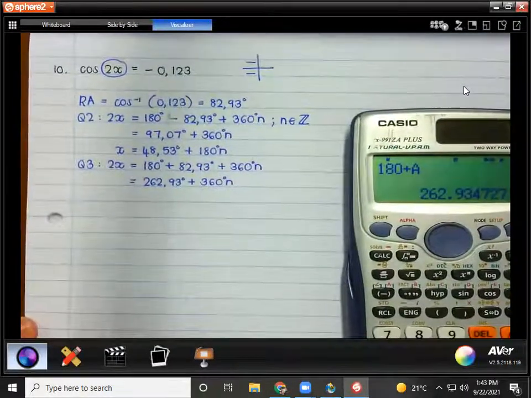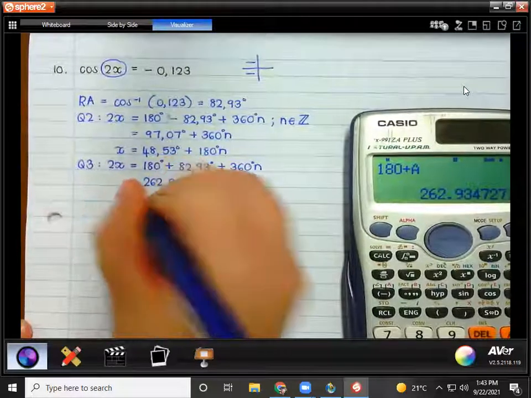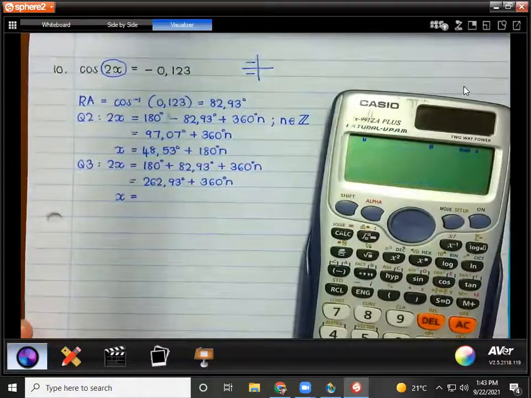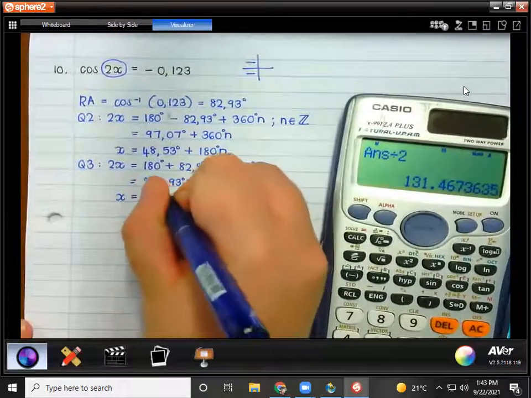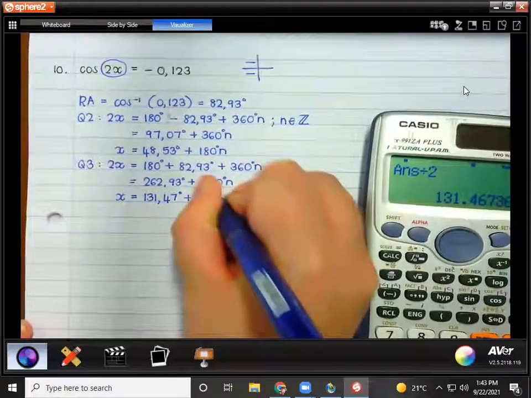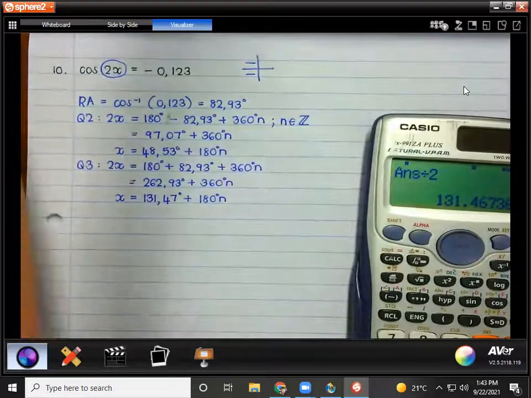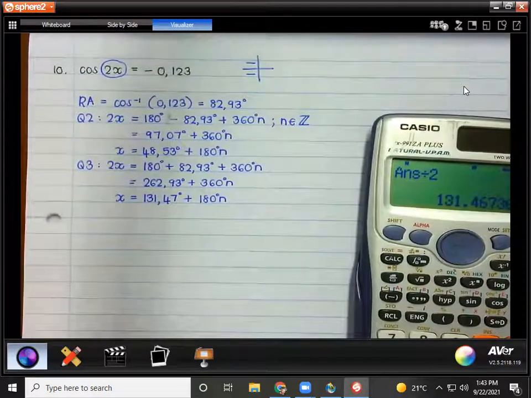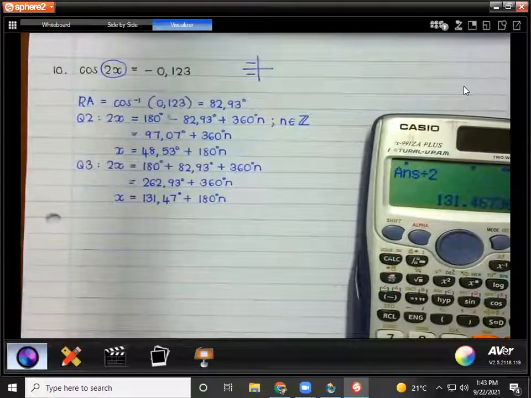Now, because it's 2x, we have to divide everything by 2. So we're going to say x is equal to 131.47 degrees plus 180n. Any questions, guys?